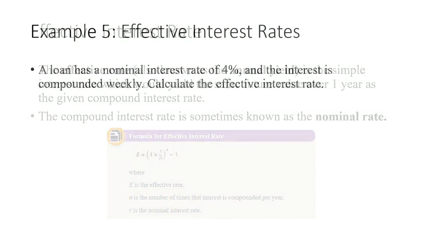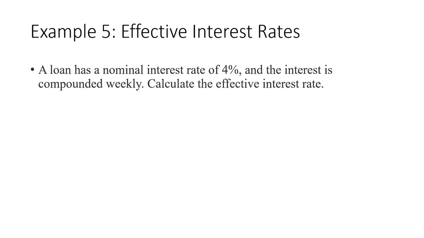If a loan has a nominal interest rate of 4% and the interest is compounded weekly, what would be the effective interest rate? Compounded weekly, again, would mean n is equal to 52, and our nominal interest rate is 0.04. To find the effective interest rate, we have 1 plus r over n to the n power minus 1.